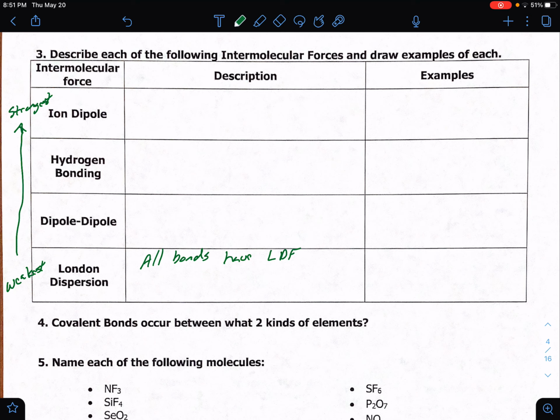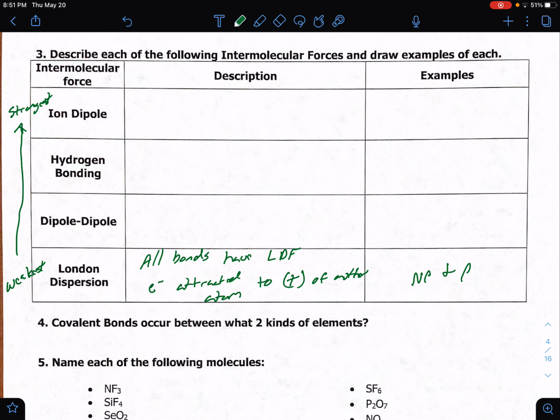London dispersion is when you have an electron attracted to a proton of another atom. They're all going to do this, so this is for both nonpolar and polar Lewis structures.